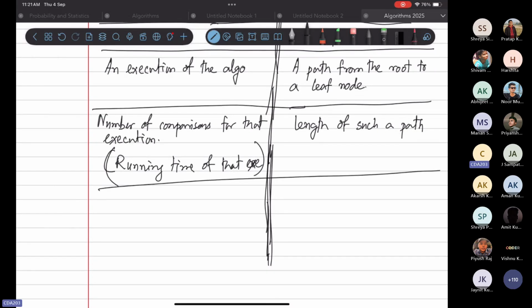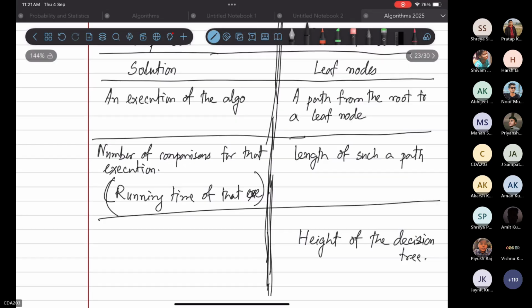Okay, so far so good. Now, can you tell me what this height of the decision tree is? What do you call it?